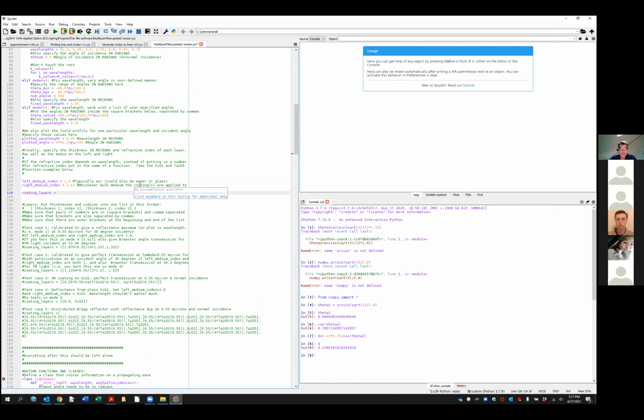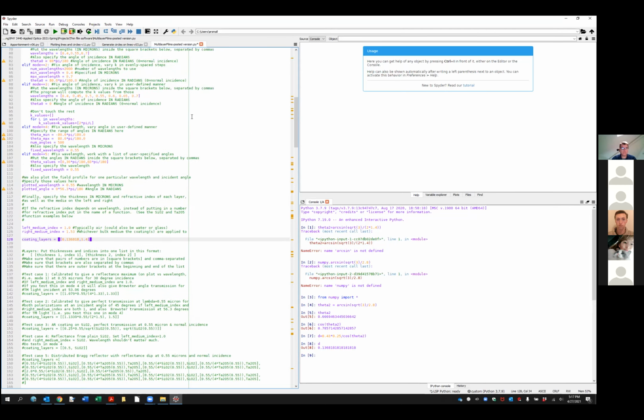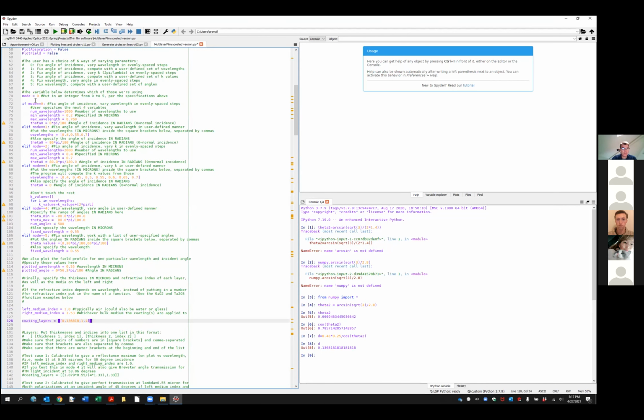And that layer is going to have thickness 0.136818, etc., and index 1.4. Any questions on how I set any of that up? The software is all making perfect sense? You've had no problems thus far on the project? Good to know.